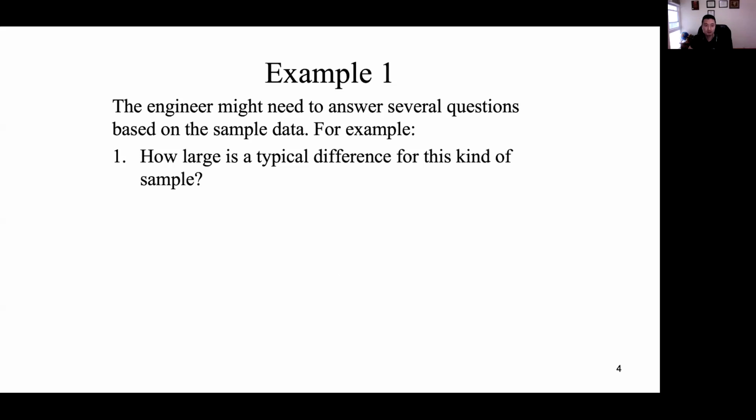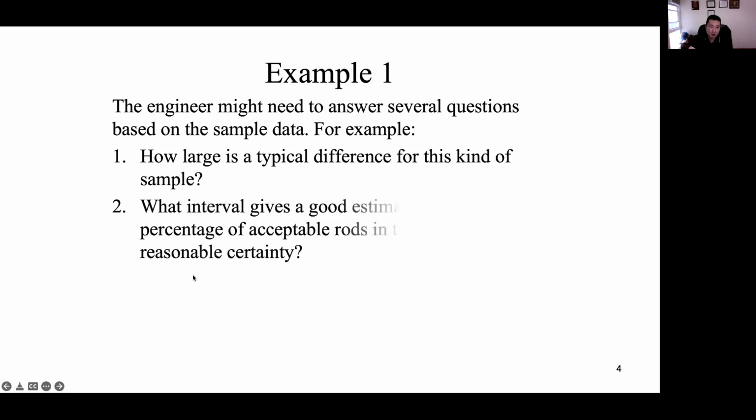We will be able to answer this question after chapter 1 and chapter 2. Also, what interval gives a good estimate of the percentage of acceptable rods in the whole population of 1,000 rods, with reasonable certainty? We will learn the so-called confidence interval in chapter 5, and it will give the answer to this type of question.